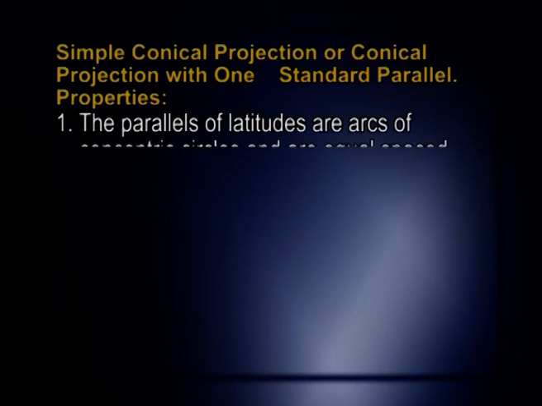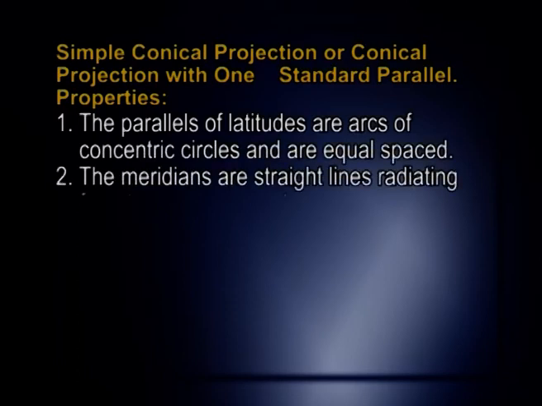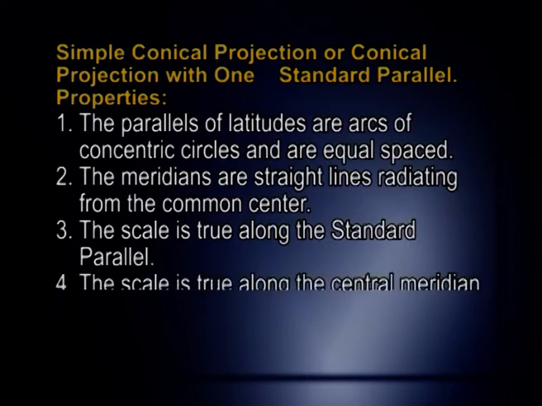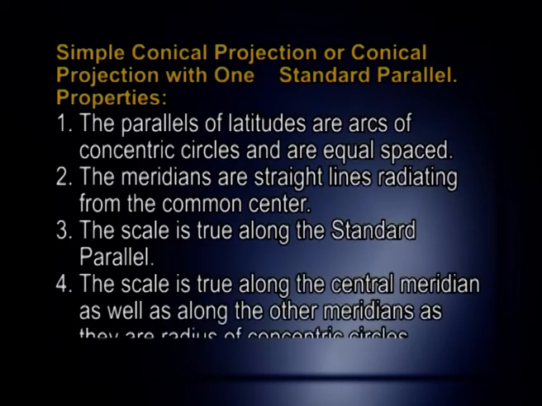Properties. Number 1, the parallels of latitude are arcs of concentric circles and are equally spaced. Number 2, the meridians are straight lines radiating from the common center. Number 3, the scale is true along the standard parallel.